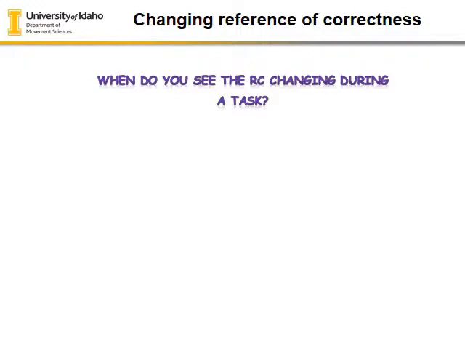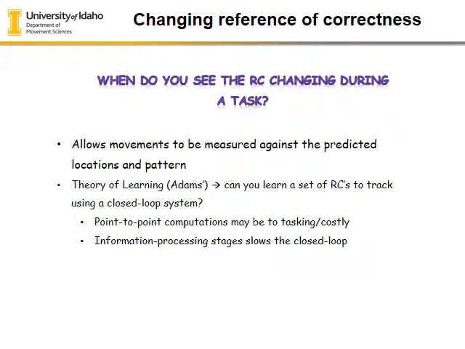Remember this RC: anytime you see it, it stands for reference of correctness. In that initial one, it talked about the reference mechanism, and the reference mechanism is simply that, the reference of correctness. The reference of correctness or reference mechanism is that measurement, the difference between the desired blueprint of your motion and the outcome of your motion, and that's where you measure the error.